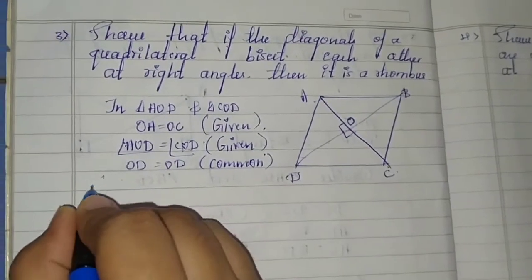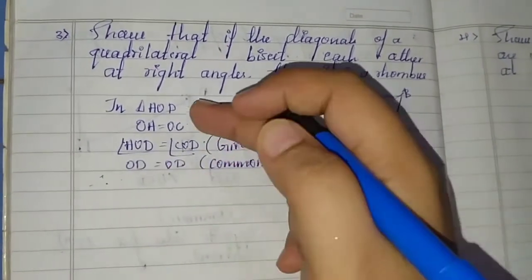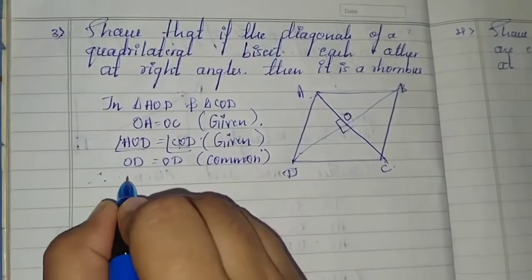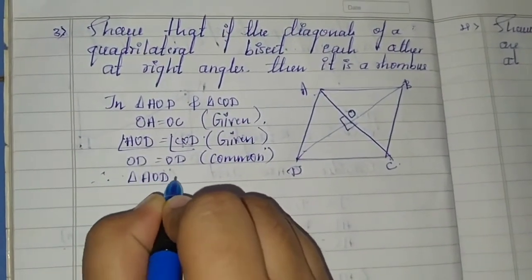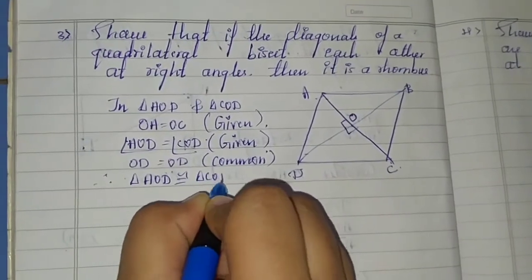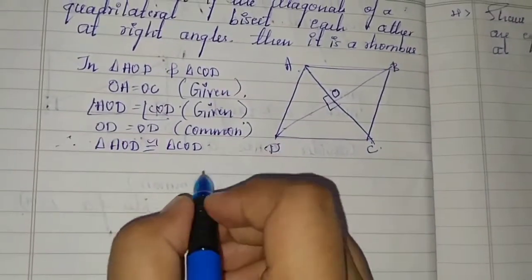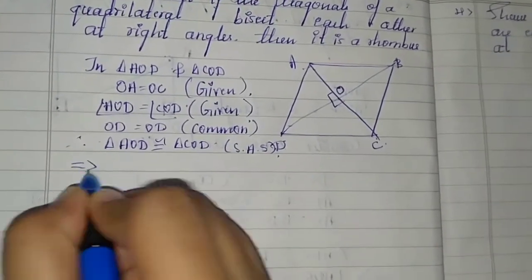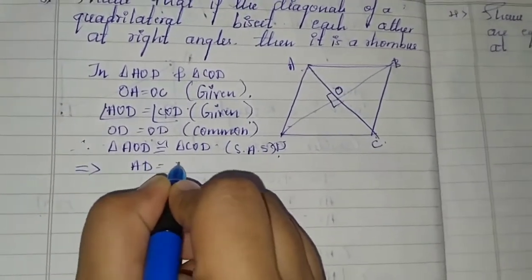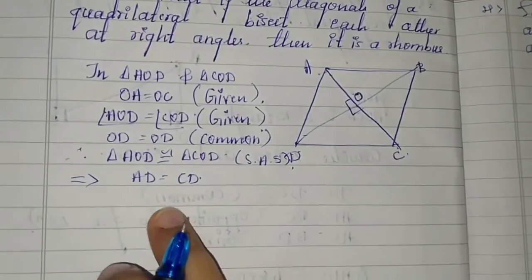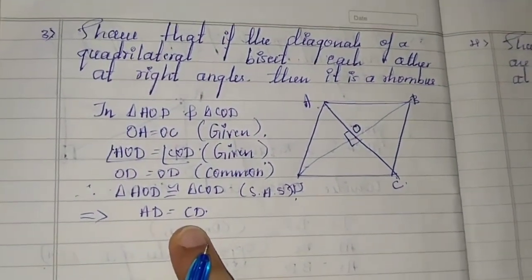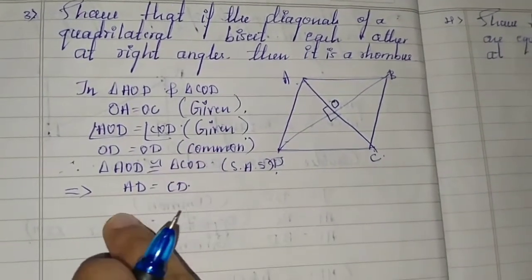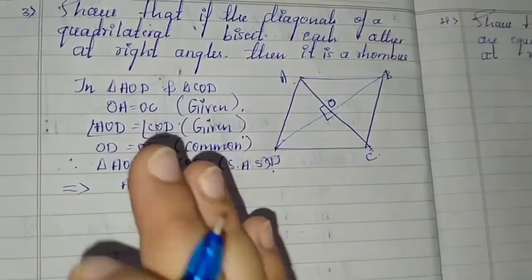Therefore, by the SAS congruency rule, triangle AOD is congruent to triangle COD. This implies AD is equal to CD. Why have I written this? Because if two triangles are congruent, then corresponding parts of the congruent triangles are always equal.